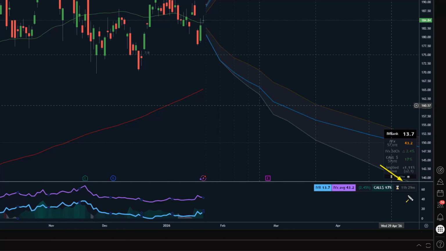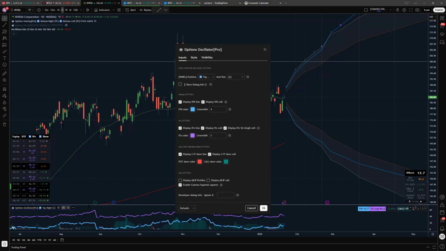times. So this toolbar is pretty handy, but if you don't want to see it, you can disable all the toolbar information. Like if you go to IVR settings, display IVR cell, display IVX cell, if you don't want to see that, and display IVX 5-day change cell. And you can also disable the CP skew cell, which stands for call or put pricing skew cell.